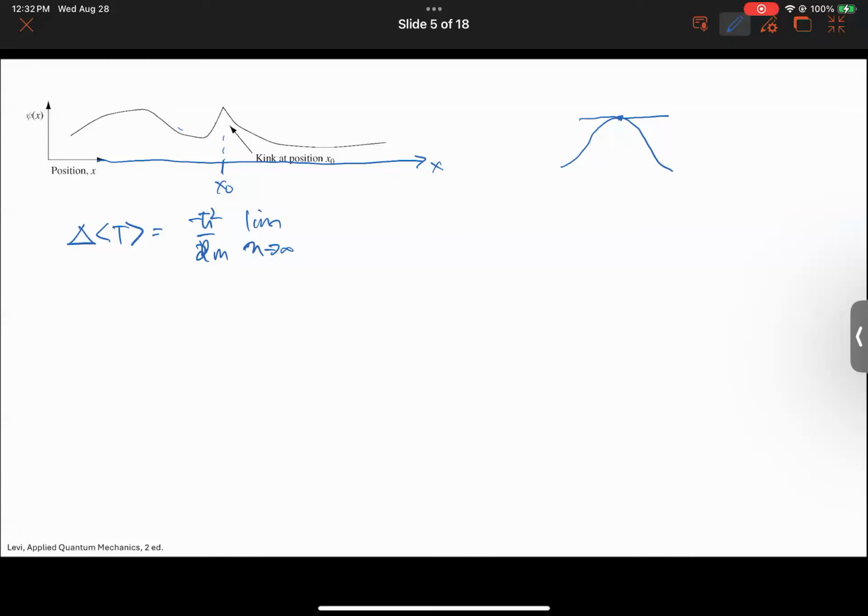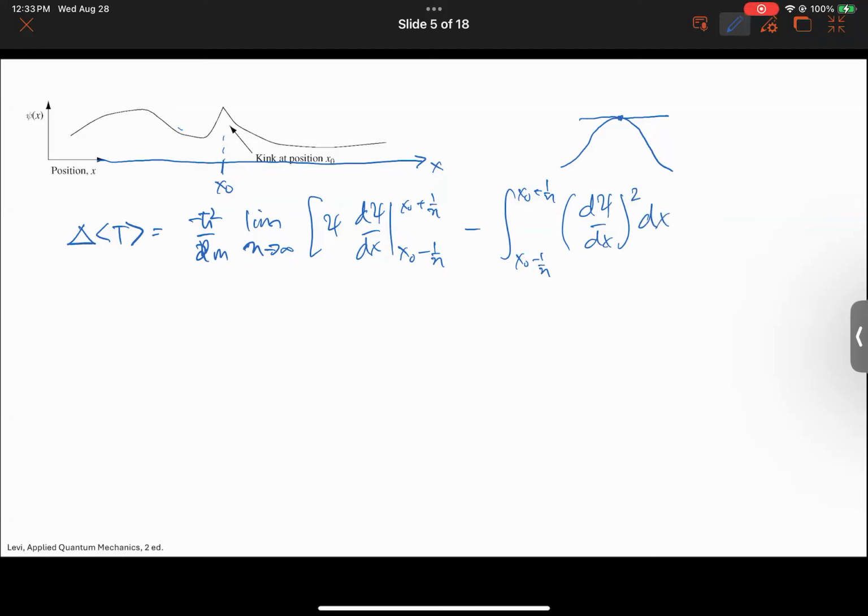So yung naging solution natin kanina ay psi d psi dx from x naught minus 1 over eta to x naught plus 1 over eta. This is after the integration by parts. So minus integral from x naught minus 1 over eta to x naught plus 1 over eta, and then d psi dx squared dx.